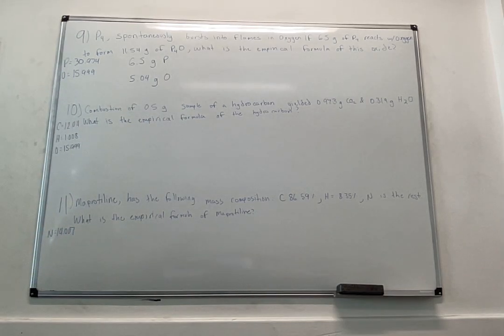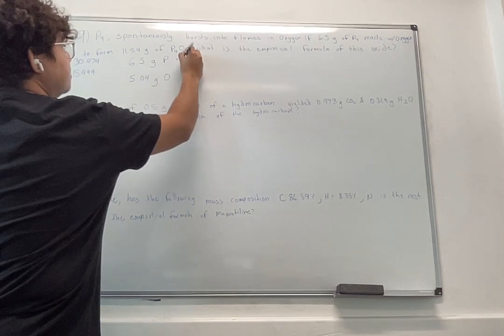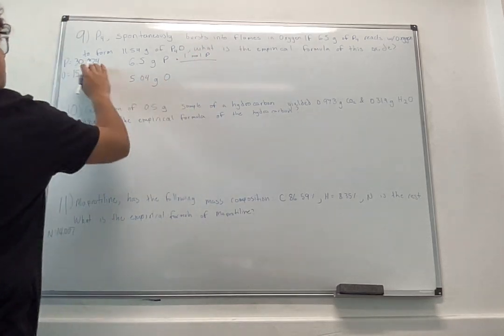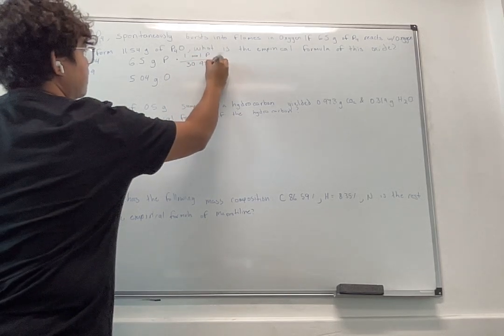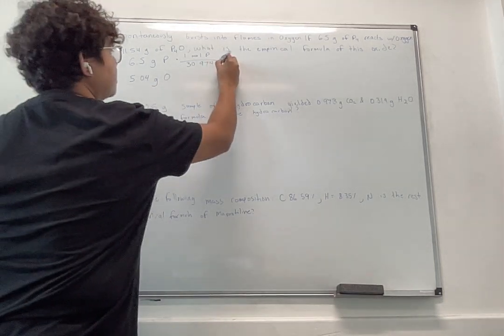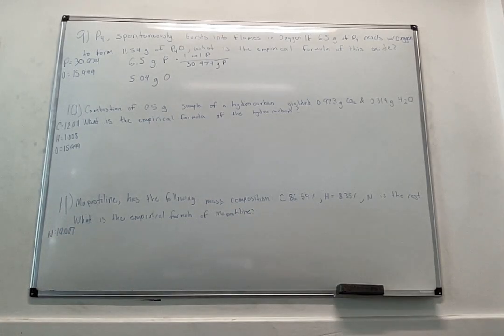Okay, so right now we are in grams. To find empirical formulas, we need to go to moles. All right, so just like we've been doing up to now, 6.5 grams times 1 mole of phosphorus over 30.974 grams of phosphorus.